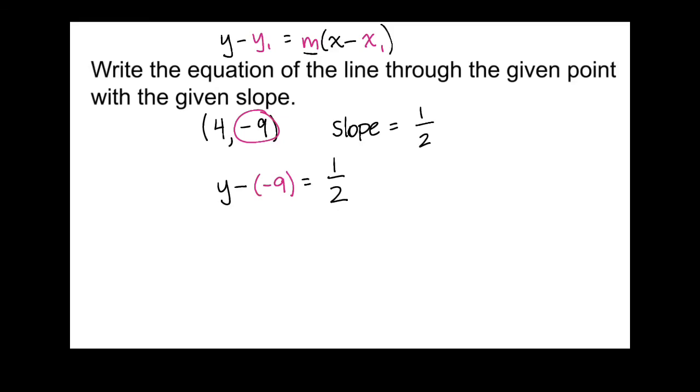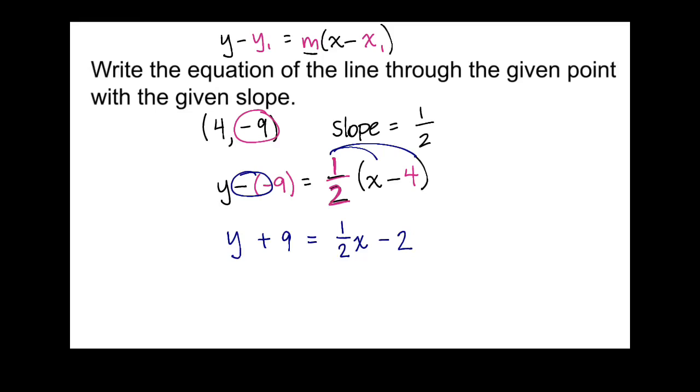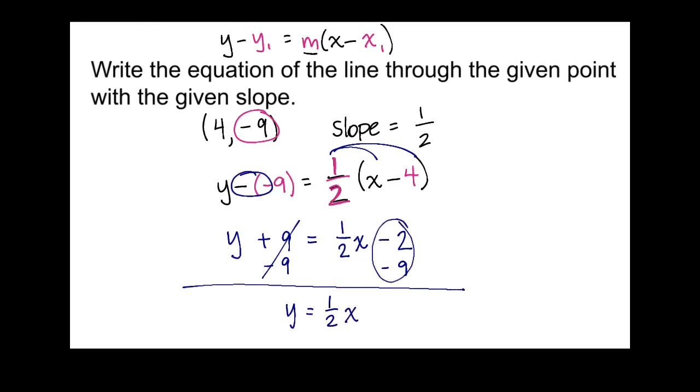I guess I should have done it in pink if I'm keeping up with my color coding. Times x minus the x value, which is 4. So if I distribute that, 1/2 x, and 1/2 times negative 4 is negative 2. And then this becomes plus. Again, I want to get y alone, so I'm going to subtract 9. So y equals 1/2 x minus 11.